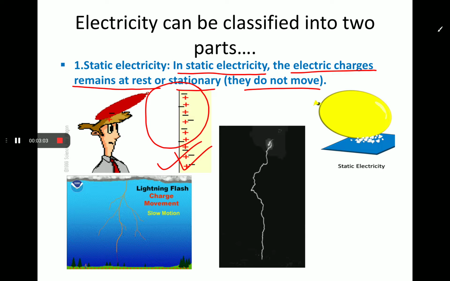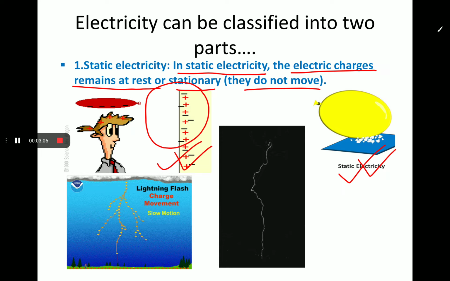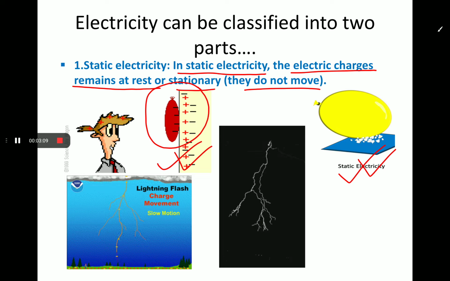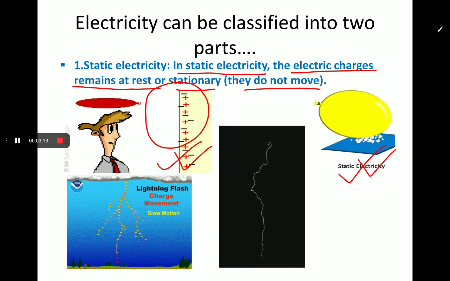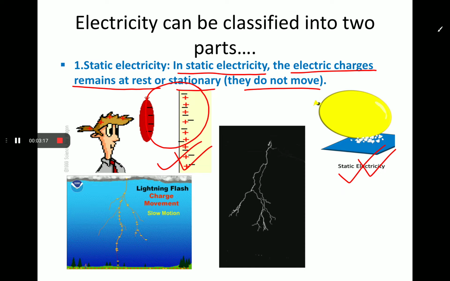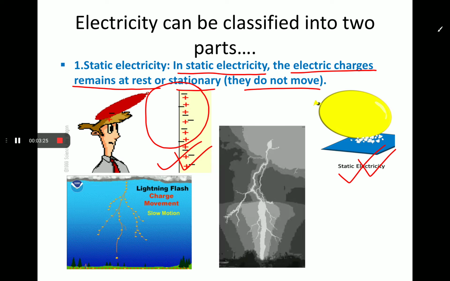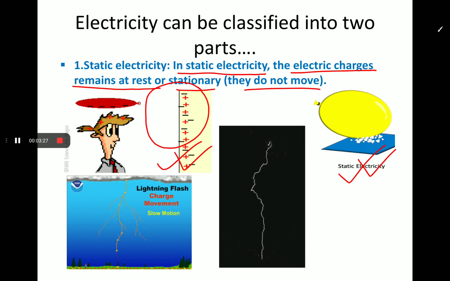Here is another example of static electricity: when the balloon is rubbed against any surface, the balloon is electrically charged. When that charged balloon is put near small pieces of paper, the balloon attracts the small pieces of paper, which is one of the phenomena of static electricity.